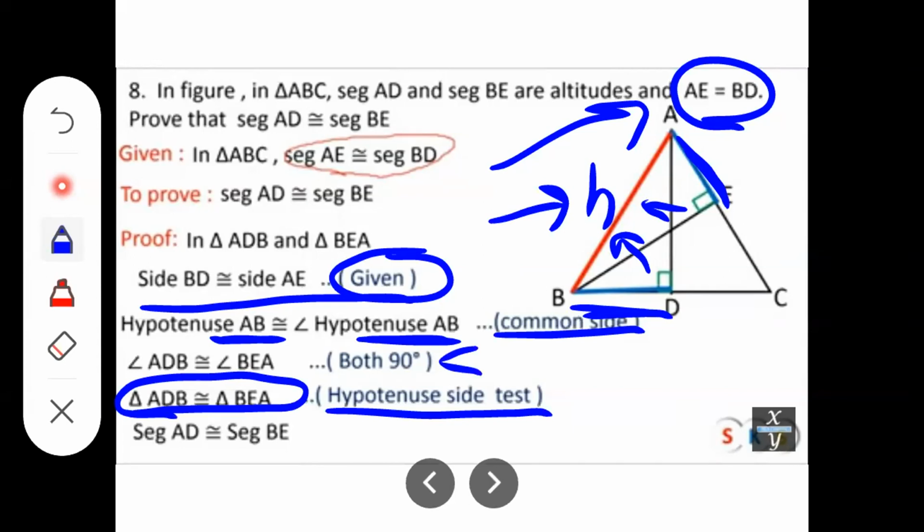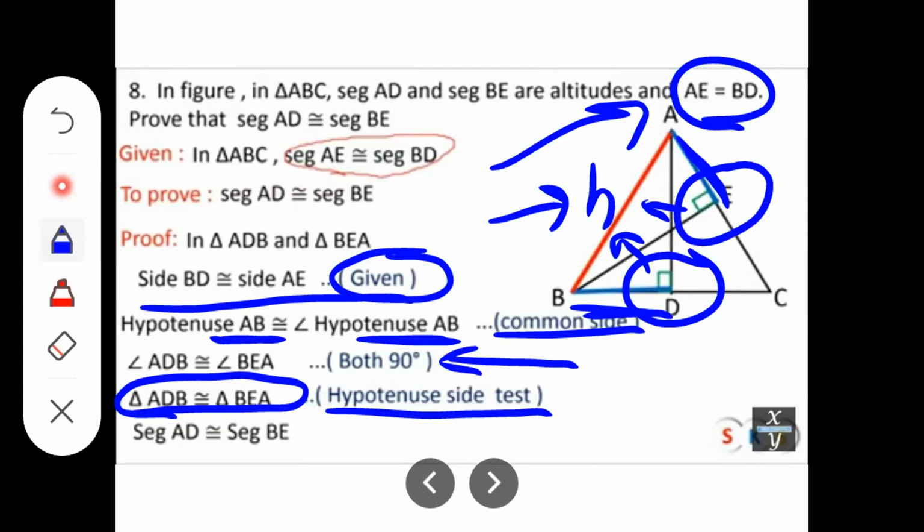You can write this step also, that as it is a right angle triangle, the 90-degree angles are congruent because of the same measurement. Those angles are angle E is 90 degrees and angle D is 90 degrees.